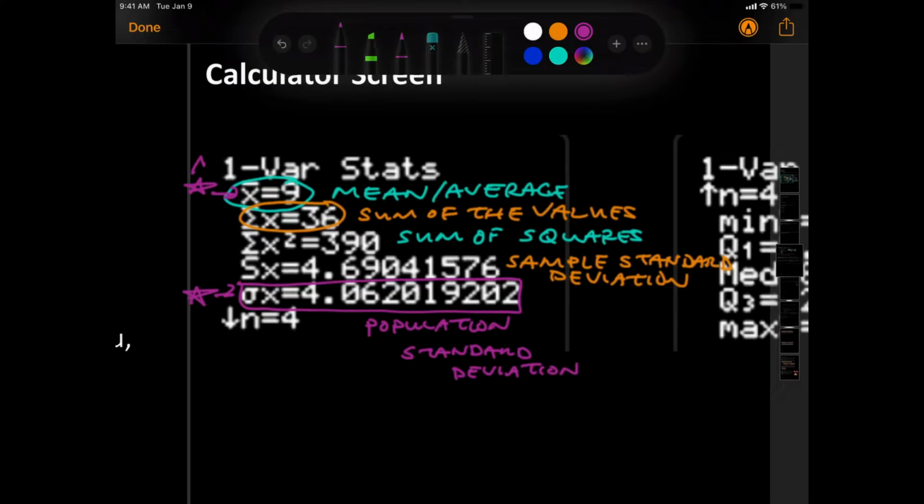The only difference from the formula that we used on the previous problem when you were doing it by hand is that the formula was divided by n minus 1. This one you're just dividing by n. That's how you would do those problems in the previous one.